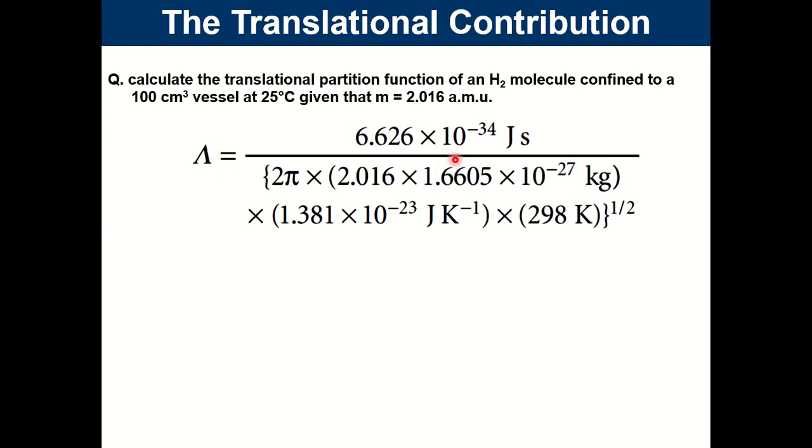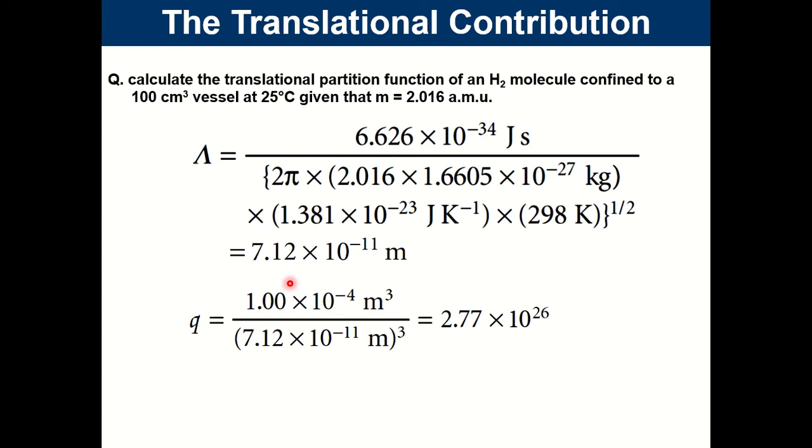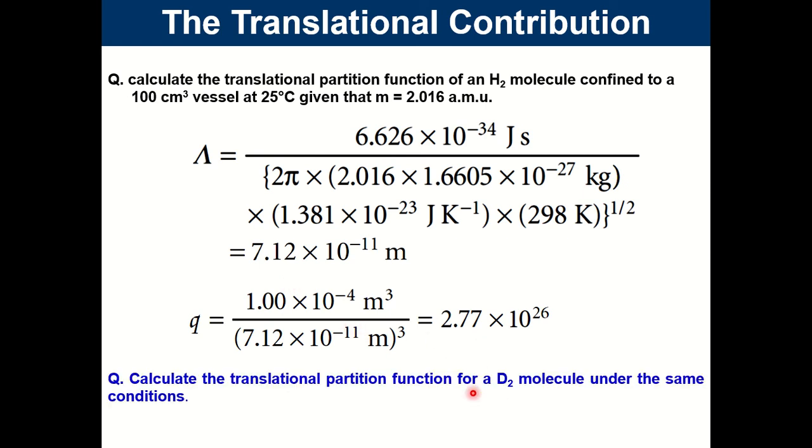It can be easily done, substituting the values for h and 2 pi m as we have done, keeping in mind the units that we are using. The thermal de Broglie wavelength for H2 molecule is found to be this, and the partition function can then be evaluated as this. So you can try calculating the partition function for D2 molecule, simply doubling this factor mass. How you are going to do it, you can just work out.